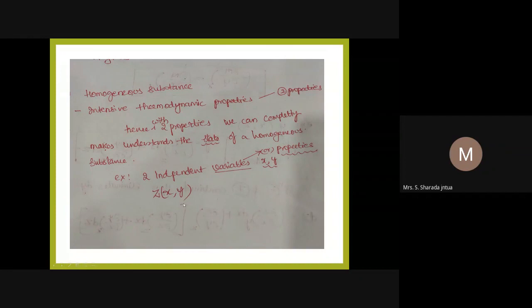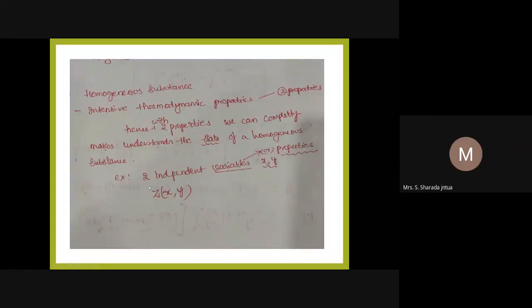Here you can see z is a function of x comma y. This is a mathematical expression, but when I study the engineering concept, I represent it as s equal to a function of T comma V, meaning my entropy is a function of T and V. Here z is a function of x and y, so I am taking two independent variables, x and y.